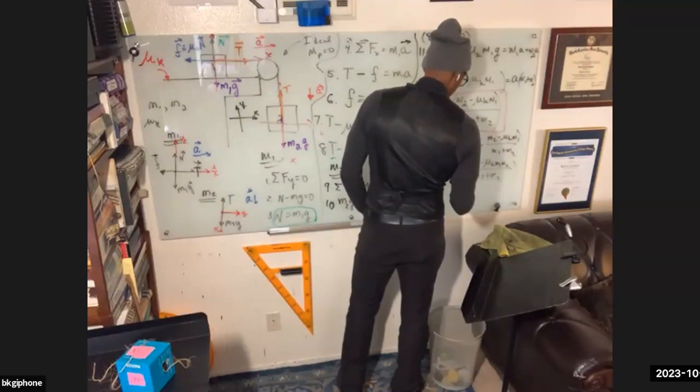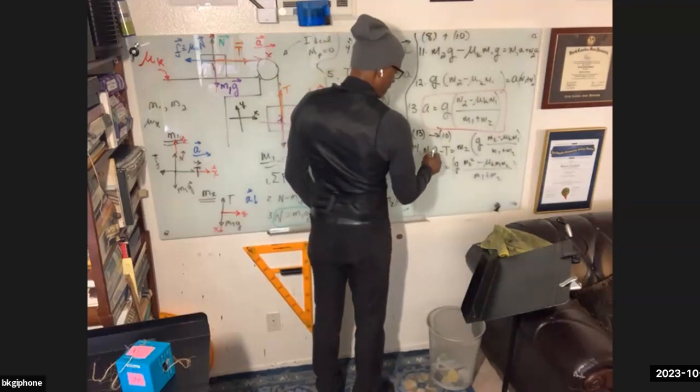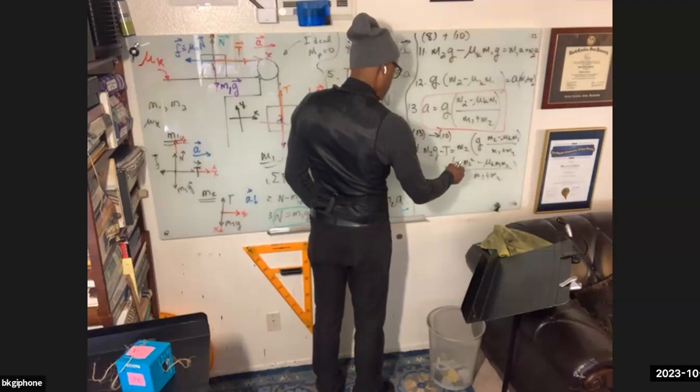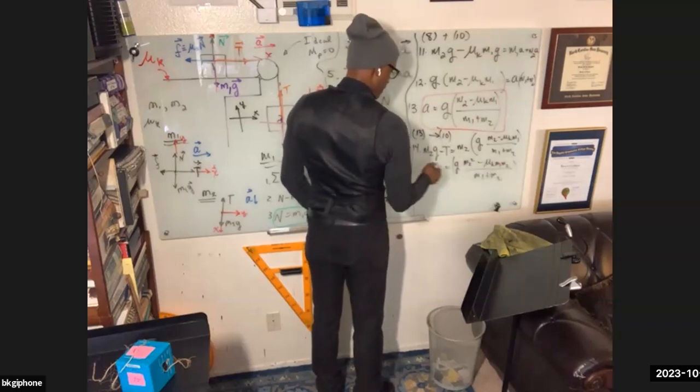Now I'm going to take that over. If I take this over, this is M2G minus this thing, but I've got a minus sign here that I have to translate through.